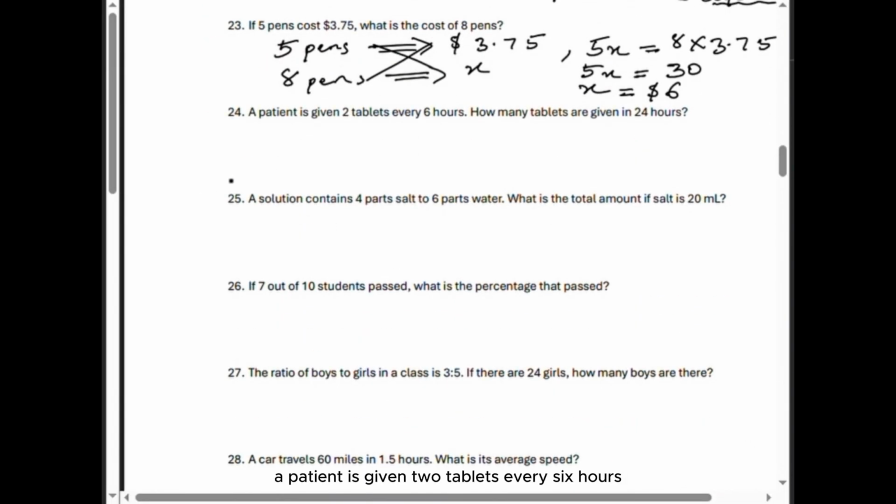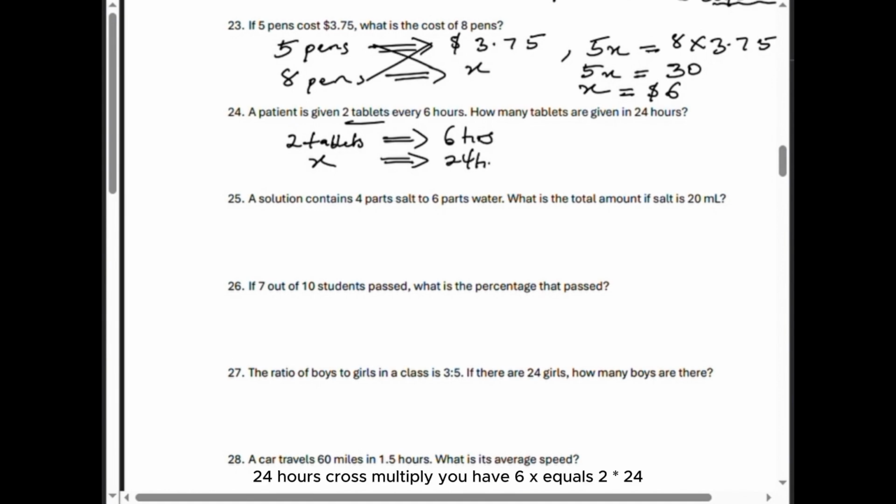A patient is given 2 tablets every 6 hours. How many tablets are given in 24 hours? So the same method, 2 tablets will equate 6 hours. Then you're looking for the number of tablets, you call it X, that equates 24 hours.